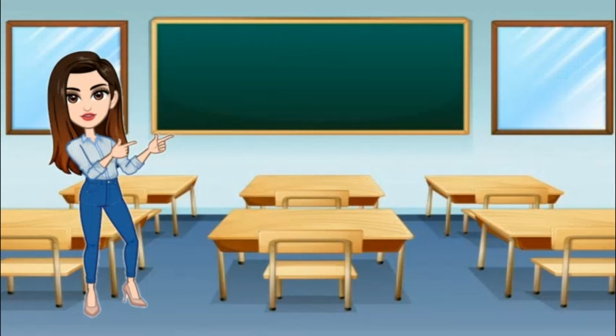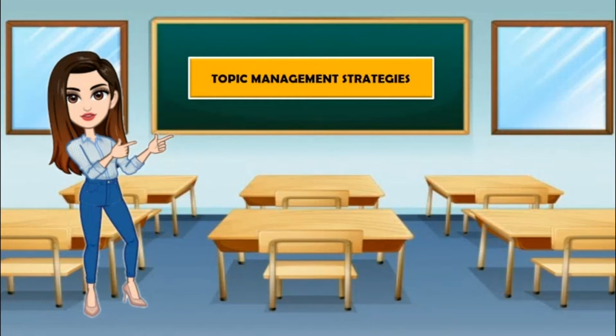Now let's talk about topic management strategies. These are plans, ways, or means of sharing information which are adopted to achieve a particular social, political, psychological, or linguistic purposes. These strategies are mostly used whenever you are talking to a group of people, during discussion, or public speaking.